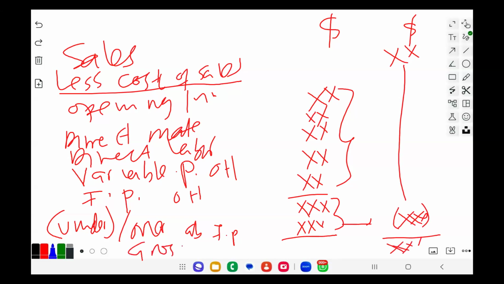Now you don't get contribution. You've seen that, right? Under variable costs or marginal costing, you get contribution, isn't it? Here, you get gross profit.